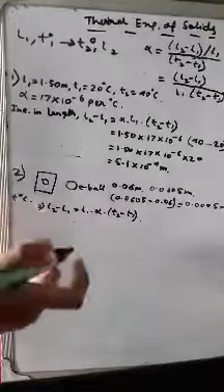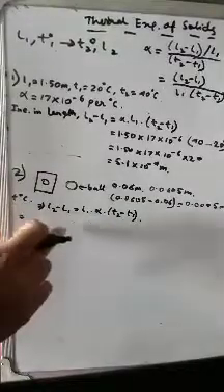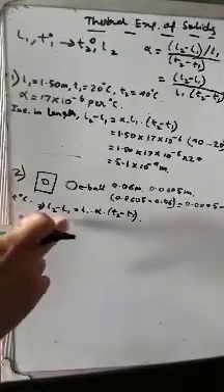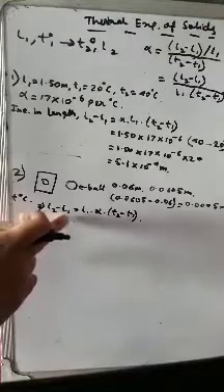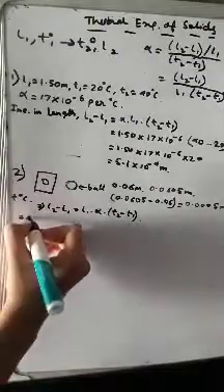So let's do the calculation. Understood, students? This increase in diameter we are writing as L2 minus L1. Clear? So what is the value of L1?